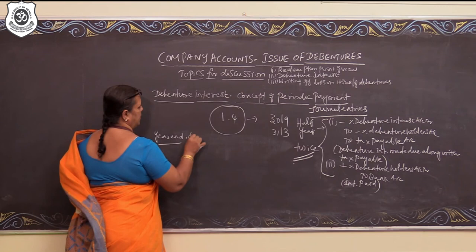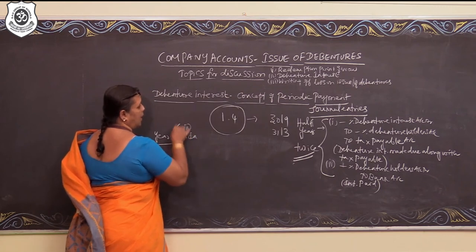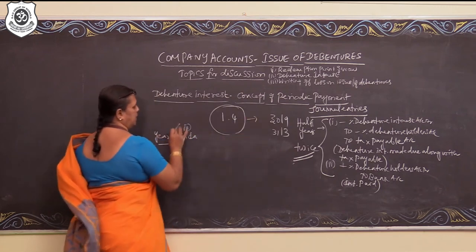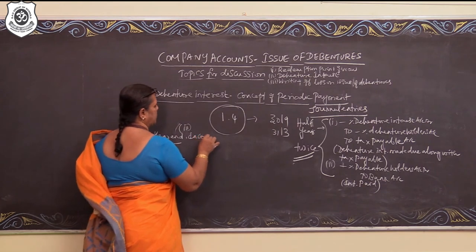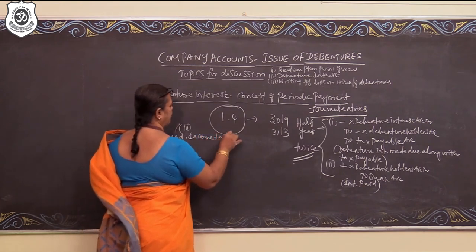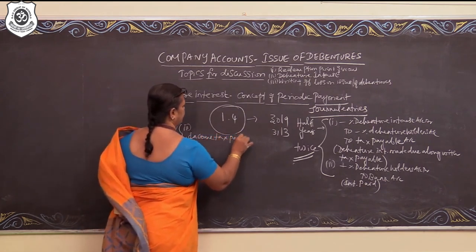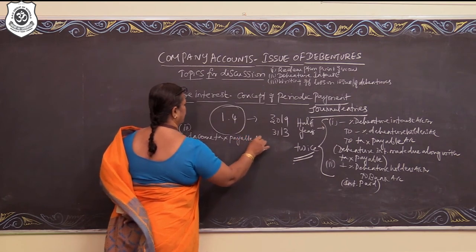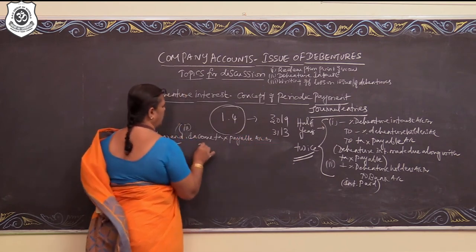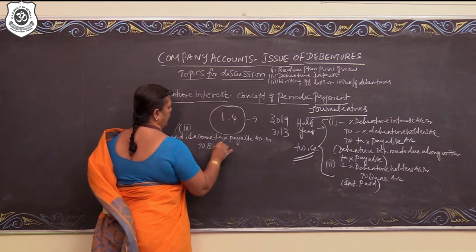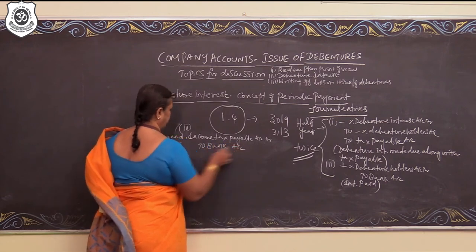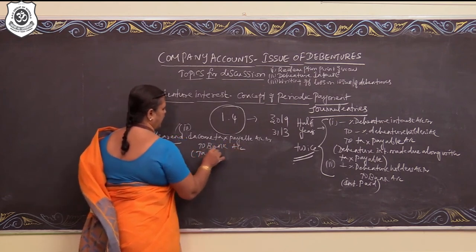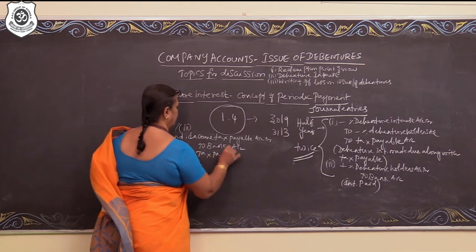This is the third entry, along with the two entries. The third entry will be income tax payable account debit to bank account. That is for tax being paid.